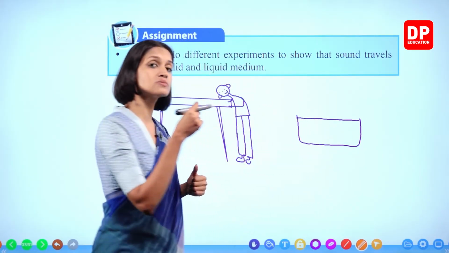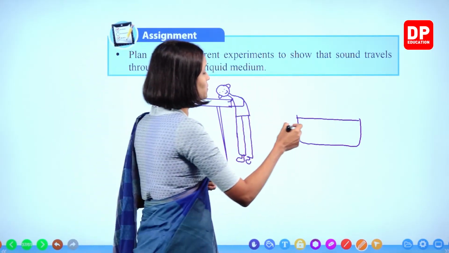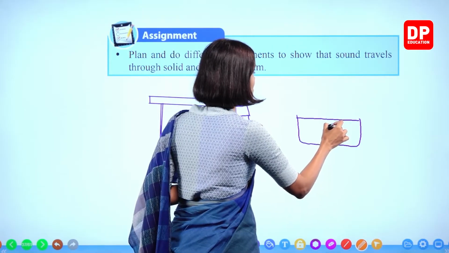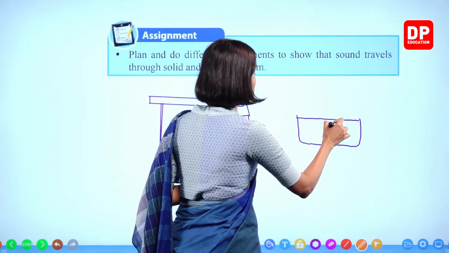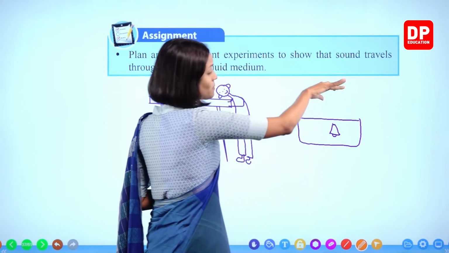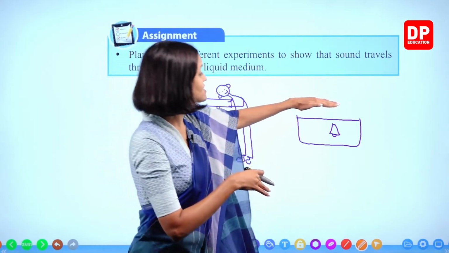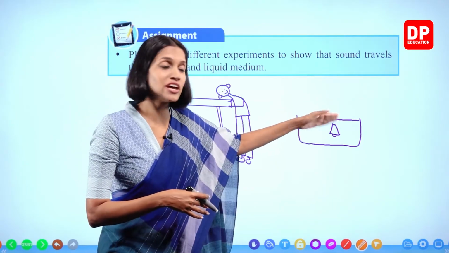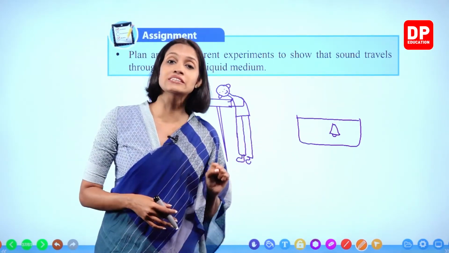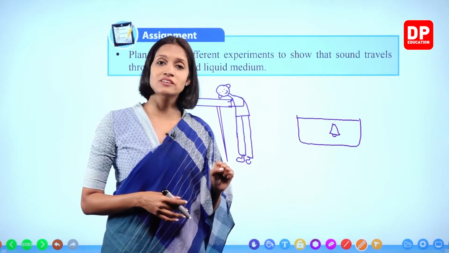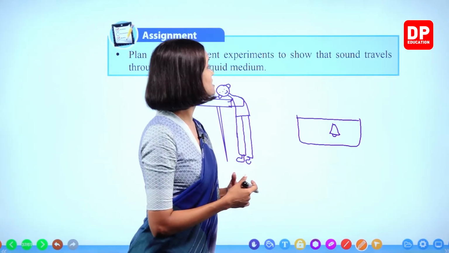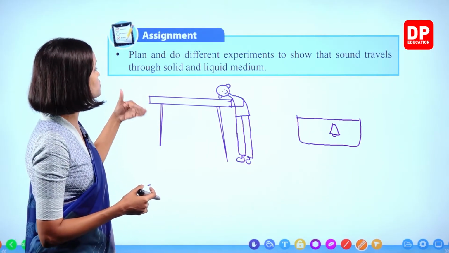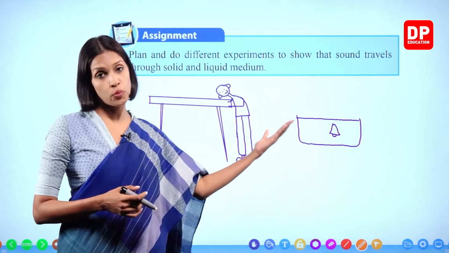If you can find a small bell, you can ring the small bell inside the water and try to place your ear somewhere very close to the surface of the water and listen. You will hear the bell very clearly. Right, children? With both these instances, you can show that sound travels well through solid and liquid medium.